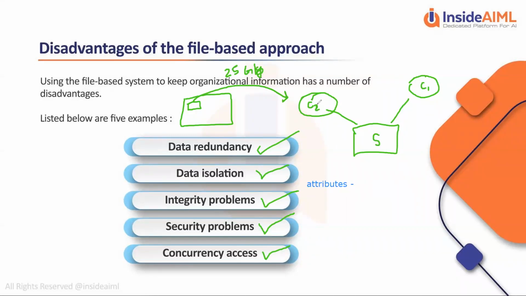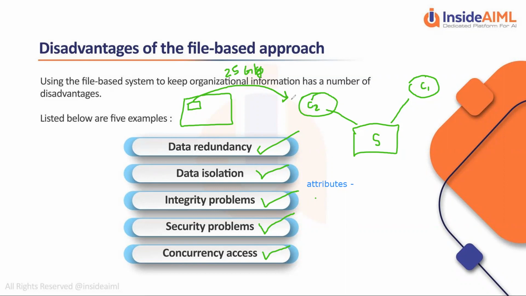Because downloading this 25 GB of data onto the client system every time requires memory, and the download is going to slow down our speed, right? So the execution speed will be very slow, and it requires a lot of memory as well. So the problem was that it was not efficient, and there was high consumption of memory, because first I have to download this, then I can go and access the particular information that I wanted.